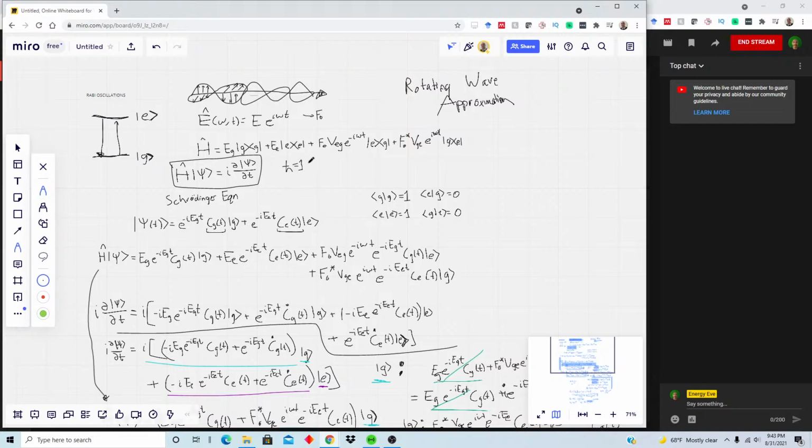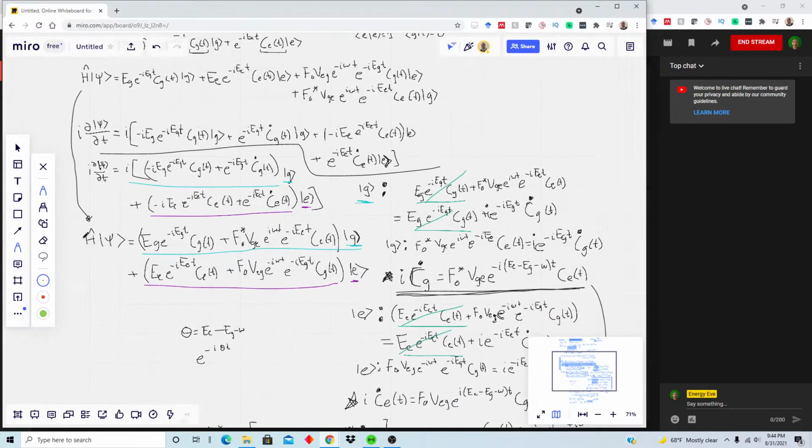We made h bar equal to 1. We remember that our basis sets are orthonormal, which means that if you take the inner product of one of the bases with itself, you get 1. If you take the inner product of two different bases, you get 0, meaning they're orthogonal.